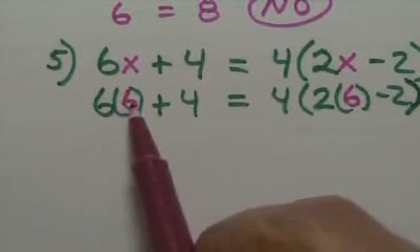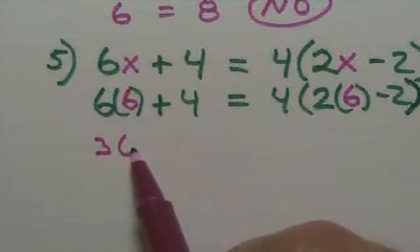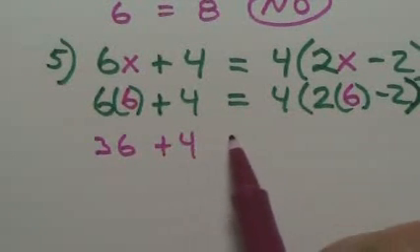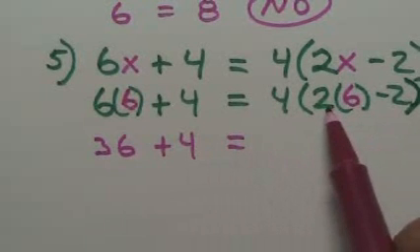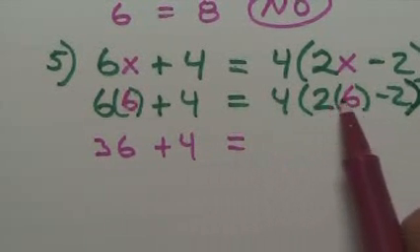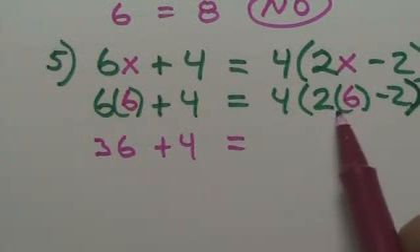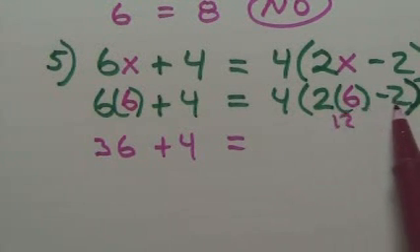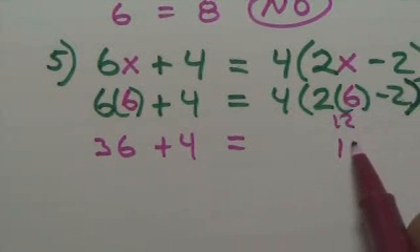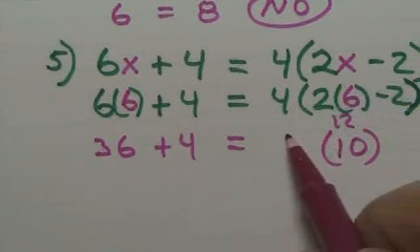So let's see. 6 times 6 is 36. And on this side, we have 2 times 6. 2 times 6 is 12. So that's 12 minus 2. 12 minus 2 is 10.